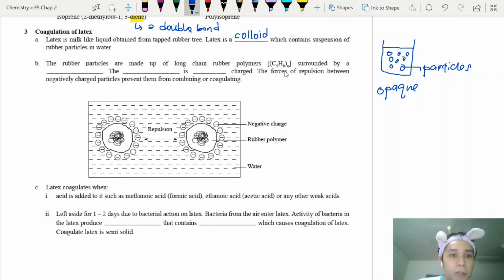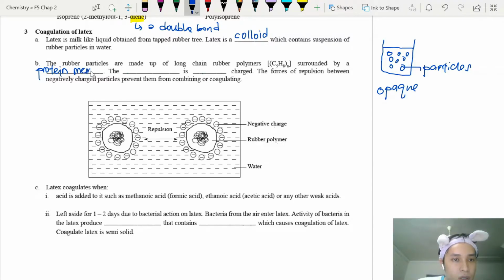Now latex is basically rubber particles inside water. Your rubber molecules or rubber particles are the polymers, your polyisoprene. This is the rubber polymer here. And then outside they have a layer which we call the protein membrane.